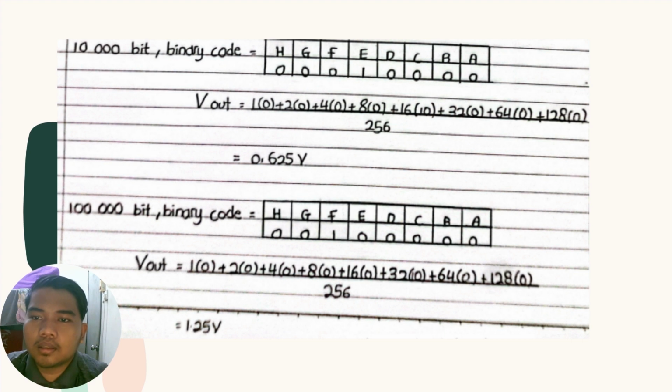Okay, for the 10,000 bit, the binary code on E should be 1 and the others are 0.